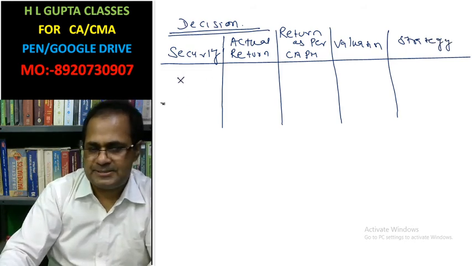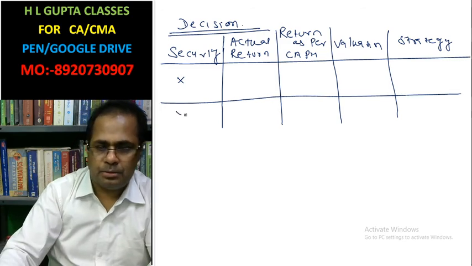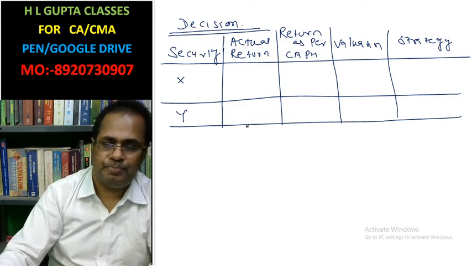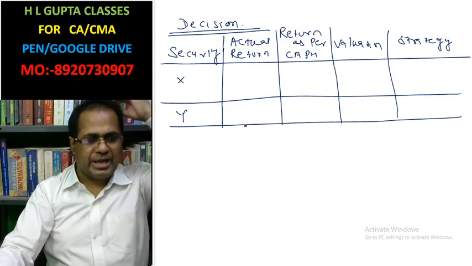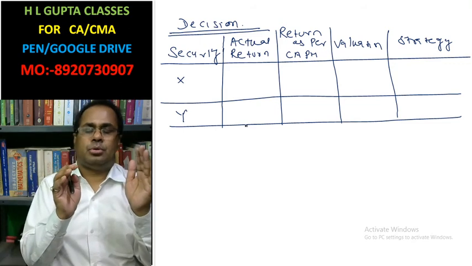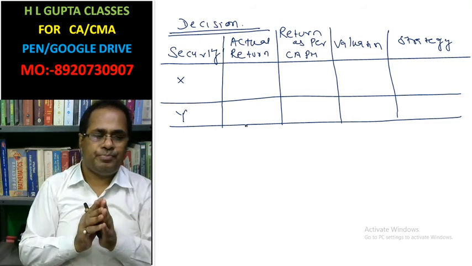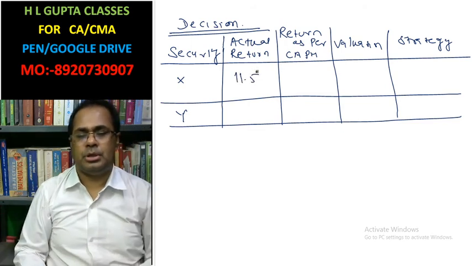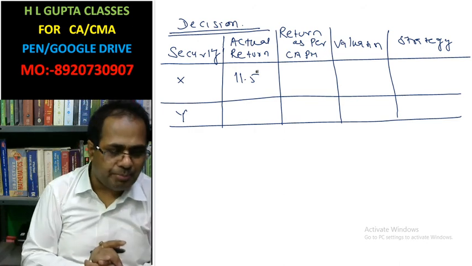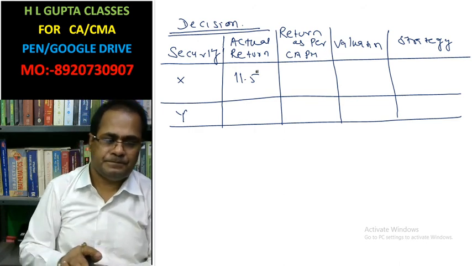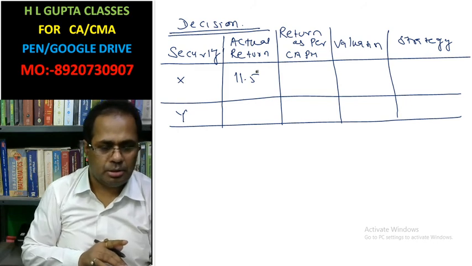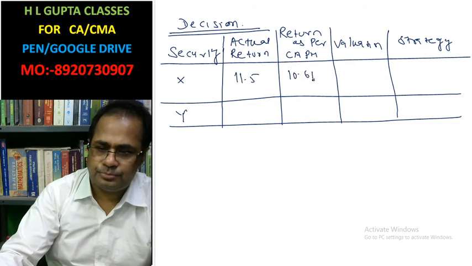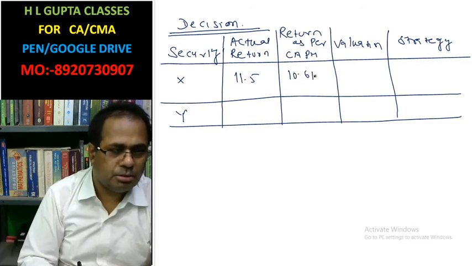This is the X, this is the Y. Two securities. Look at here. Actual return of security X is the expected return, that is summation PiXi, which is calculated here 11.5. Return as per CAPM for X, that is 10.61.